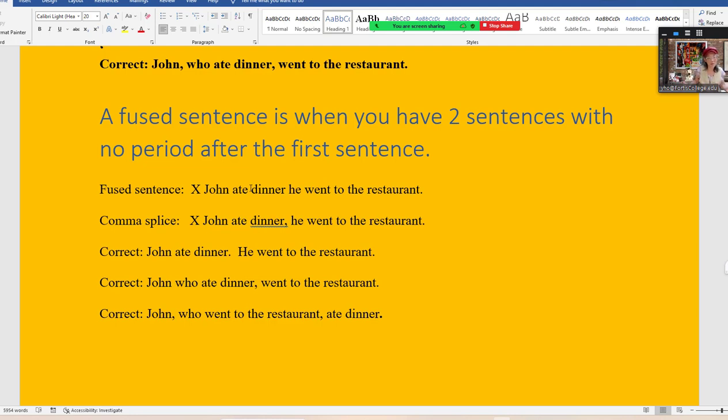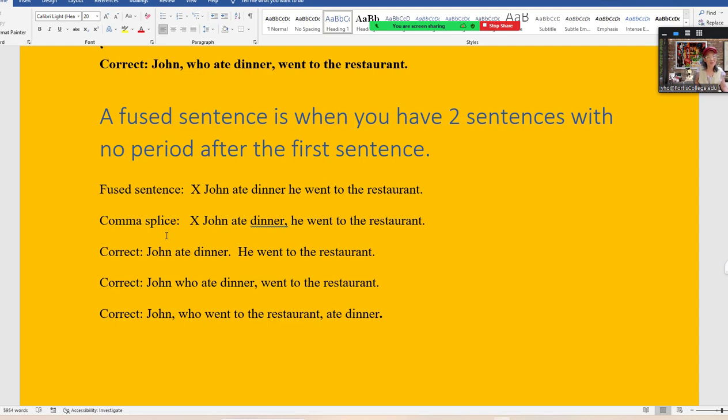But if you don't put a period there, people are going to read it together. That's the whole purpose of a period: a complete stop. The reader will stop reading. At least that's what my first and second grade teacher used to teach me. So "John ate dinner he went to the restaurant" is wrong, and that's known as a fused sentence. Then if you put an unnecessary comma, that's known as a comma splice.